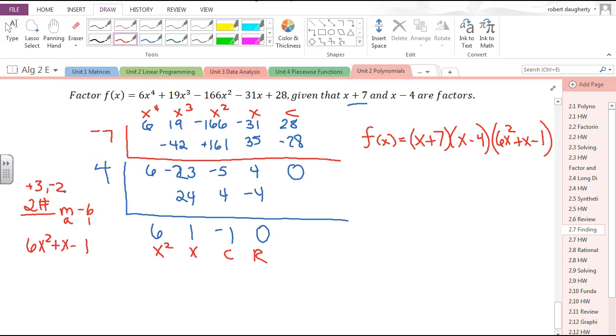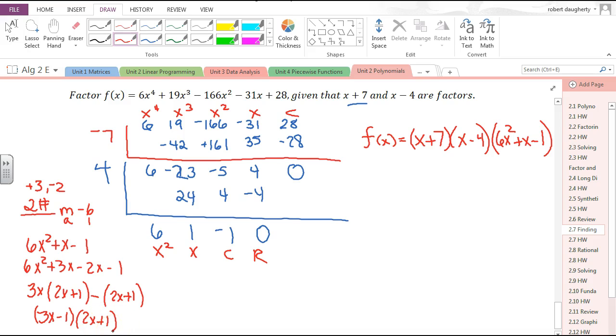So this is 6x squared plus 3x minus 2x minus 1. And then I can factor a 3x out of the first term. So this is what? 3x minus 1, 2x plus 1.